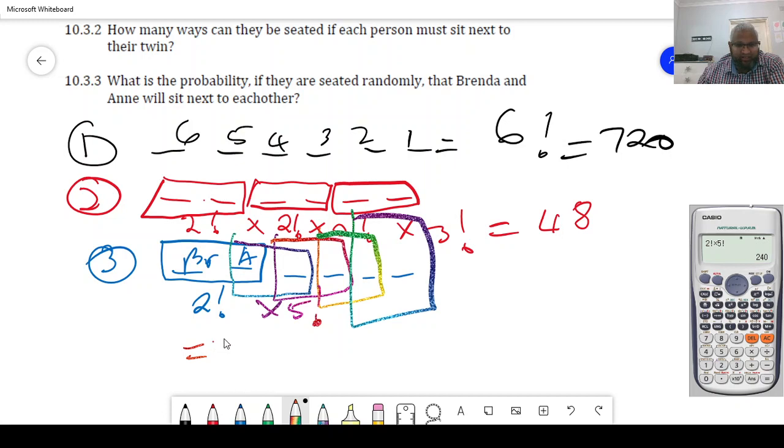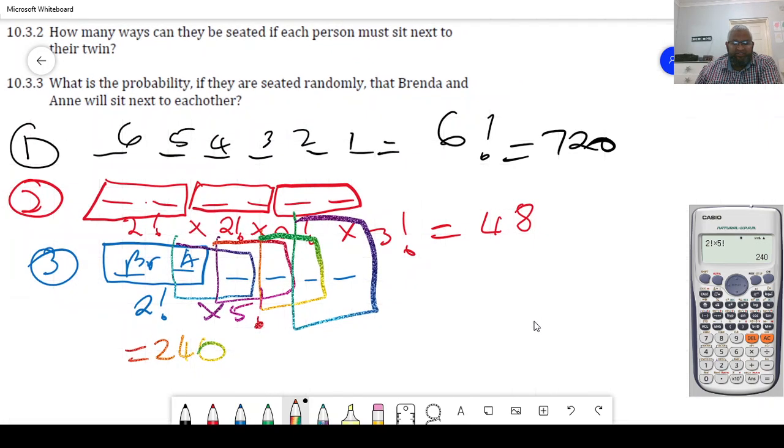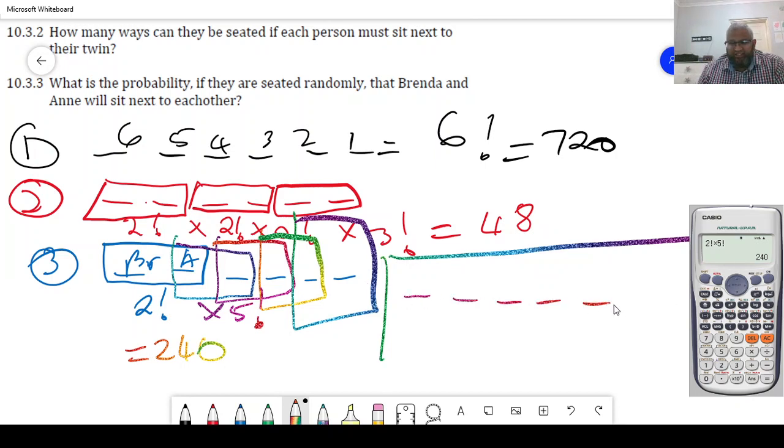I'm going to do that explanation again now, okay? They want to know what's the probability, if they are seated randomly, that Brenda and Anne will sit next to each other. So again, there's 6 placings, 1, 2, 3, 4, 5, 6.